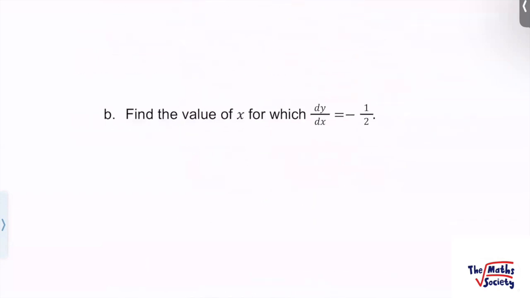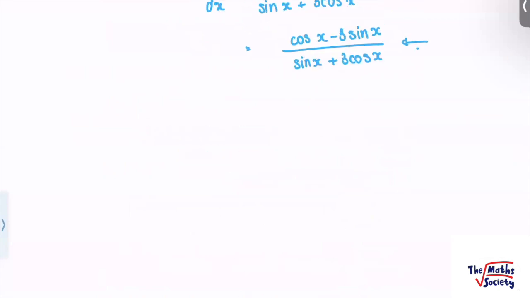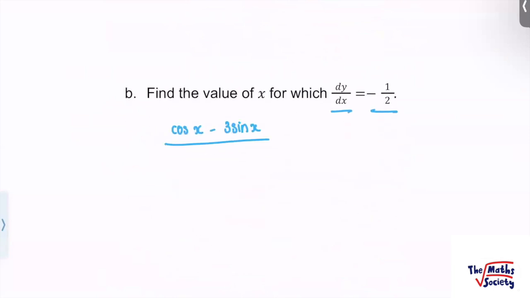Moving on to b, it says find the value of x for which dy by dx is equal to minus half. So it's cos x minus 3 sine x over sine x plus 3 cos x, and that equals minus half, right?